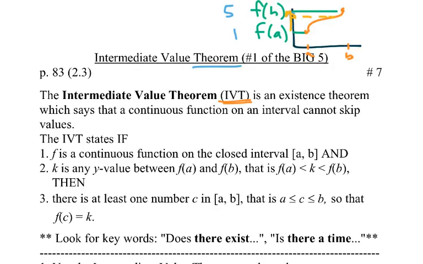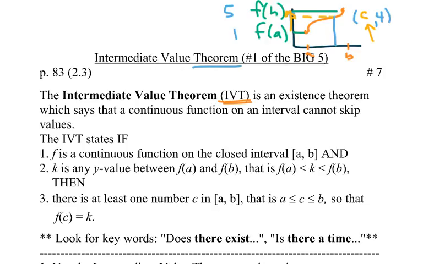There has to be an X value that corresponds with that Y value on the function. So if we picked the Y value of 4, what IVT says is there has to be some X value that corresponds with that point. And they're calling that C.